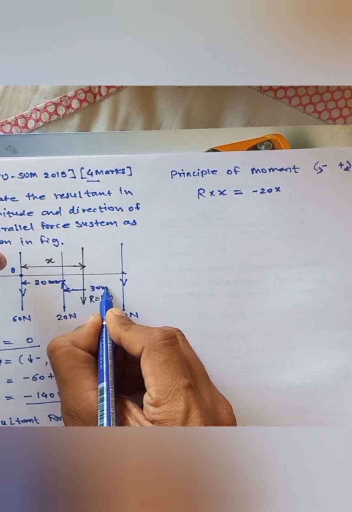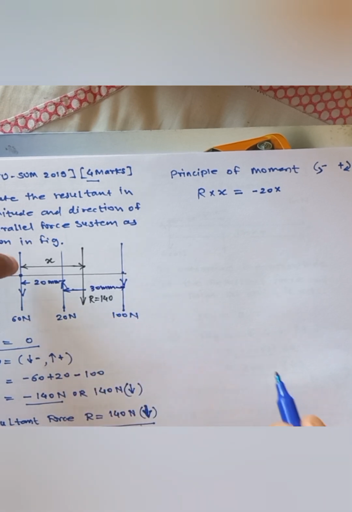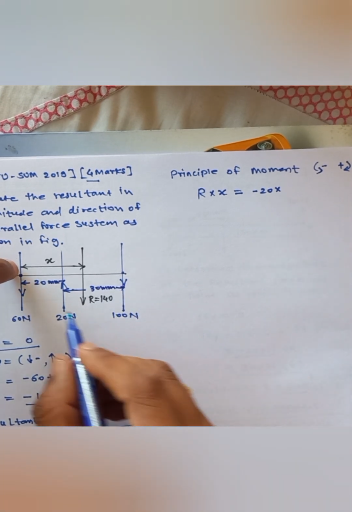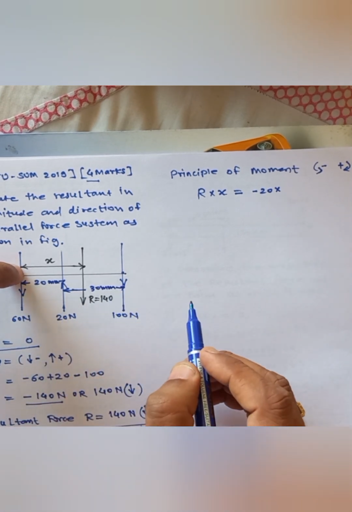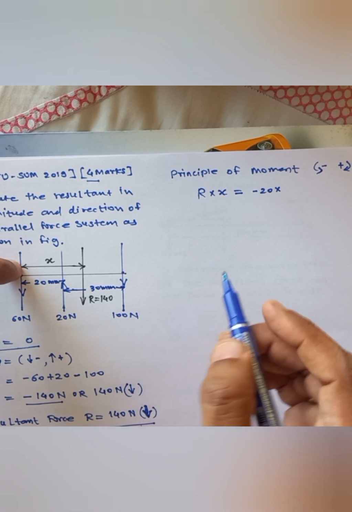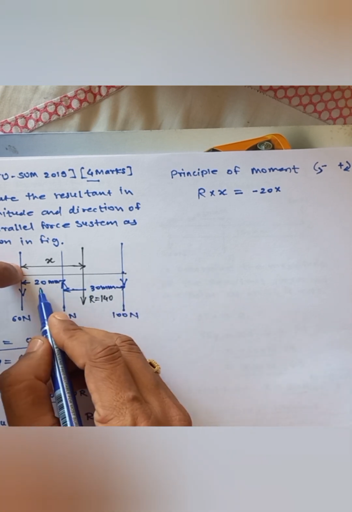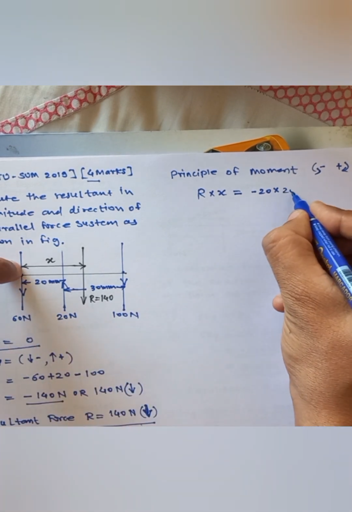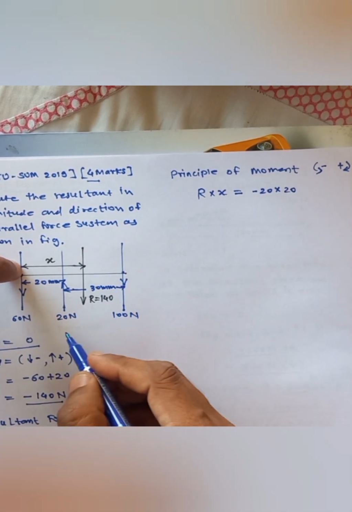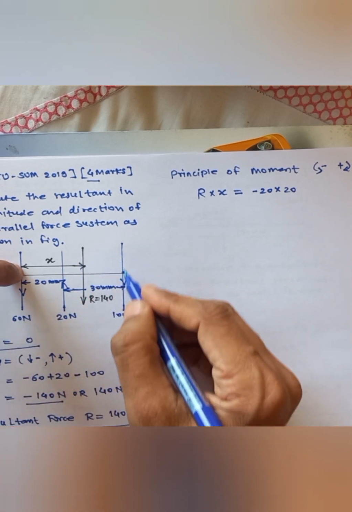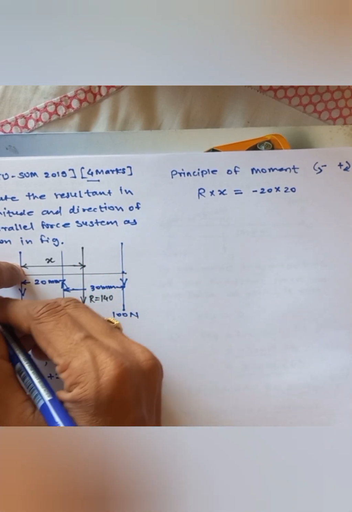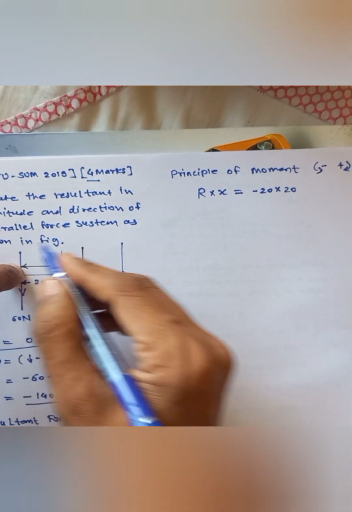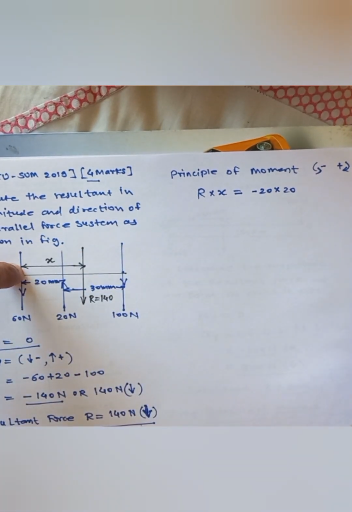It is given in the problem; I forgot to mention it. It is required when you need to take a moment. So the 20 Newton has a distance of 20 from O, so 20 into 20. Then this 100 Newton is going in a clockwise fashion. This was anti-clockwise, so I have taken minus.